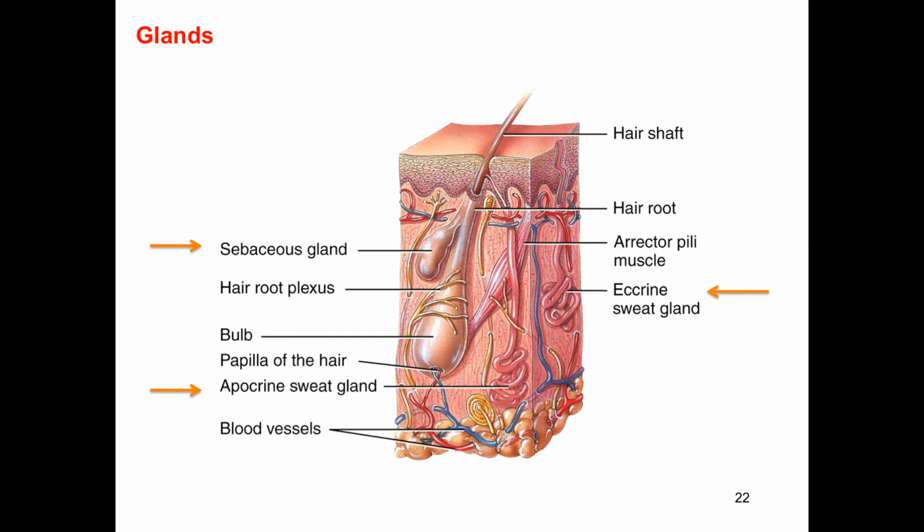Now, the really weird thing, okay, is that infants, all right, they don't have eccrine sweat glands. So they don't have those glands that drain onto the surface of the skin. Oddly enough, they have apocrine sweat glands. So baby sweat and adult sweat is different. The nice thing about baby sweat is it doesn't smell like grown-up sweat, right?